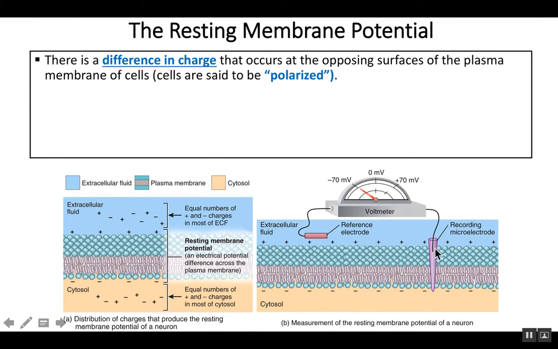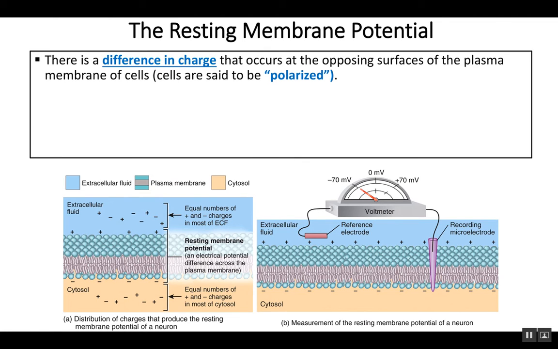If we stick a probe, an electrode, through that plasma membrane, this electrode measures the difference between how many positives are here and how many negatives are on the inside. If they were equal, this voltmeter would read 0. But notice that the voltmeter is reading negative 70. That means that there's more negative ions on the inside here than there is positive ions on the outside.